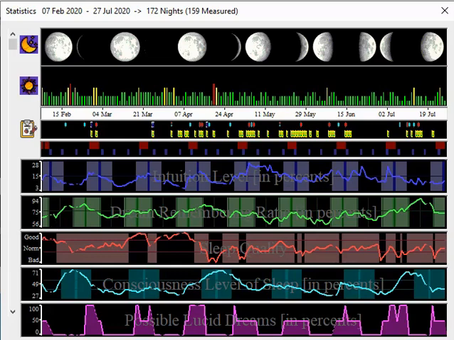The most interesting part of these statistics is this graph. This shows the possible lucid dreams. This is the result of the calculations of all these 3 cycles, and it finds the intersections of them.